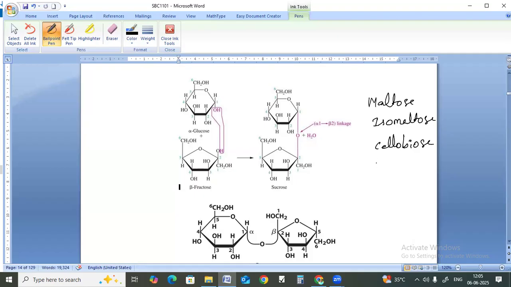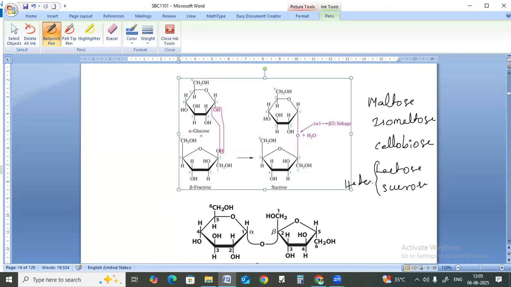Whereas hetero means lactose and sucrose. These are the hetero, and these are the homo. You can also write the bonds here, what units are present, and note down the bonds so you can remember them easily.